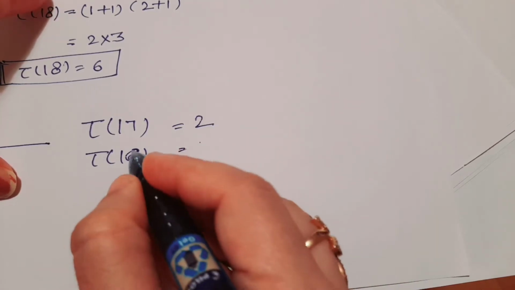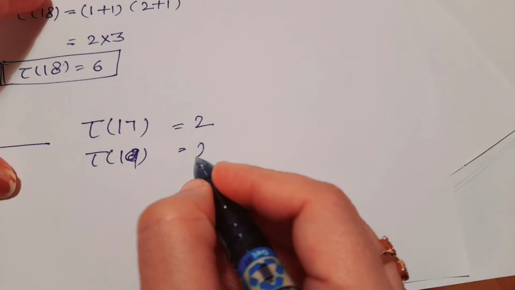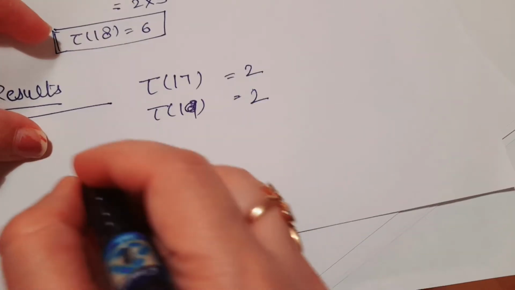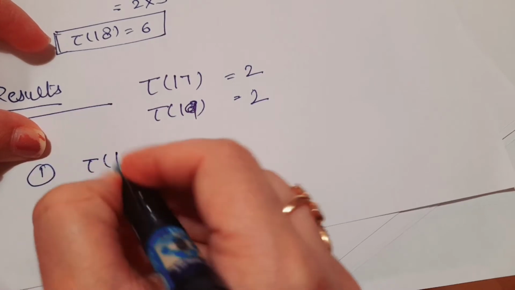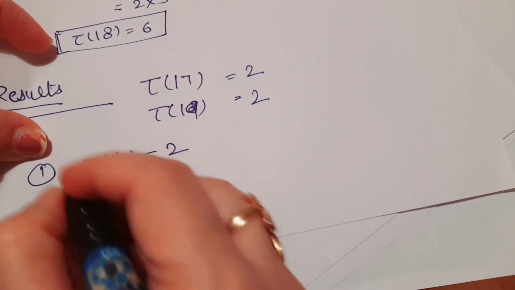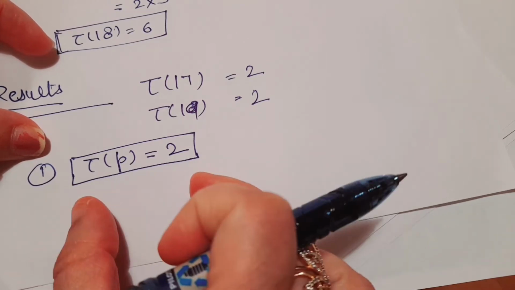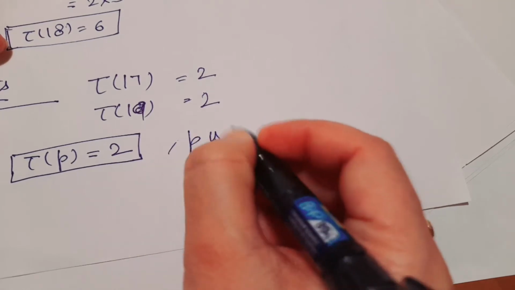So the first result is tau of p is equal to 2. Whenever you have a prime number and you need to calculate the number of divisors, the answer will be 2, where p is prime.